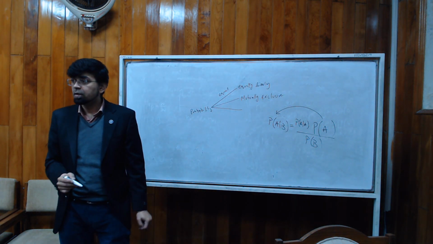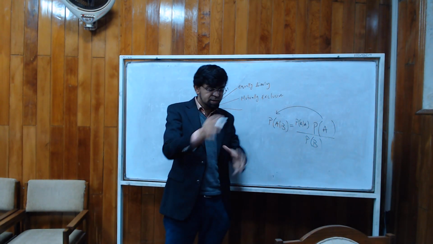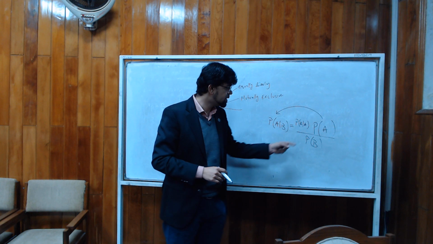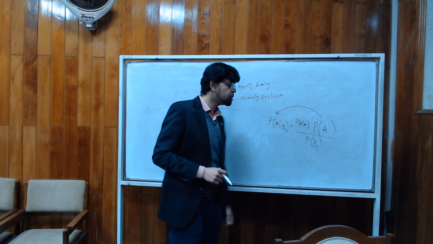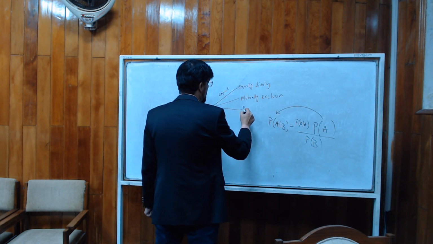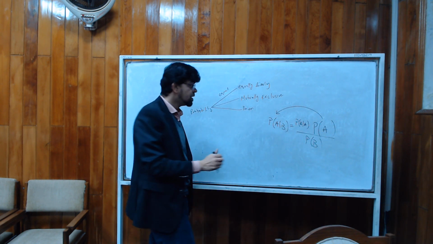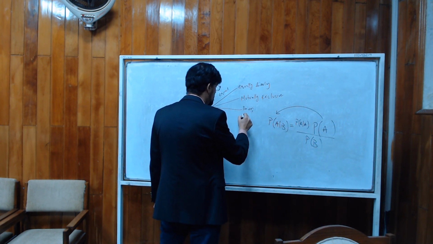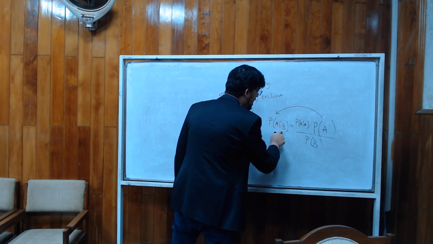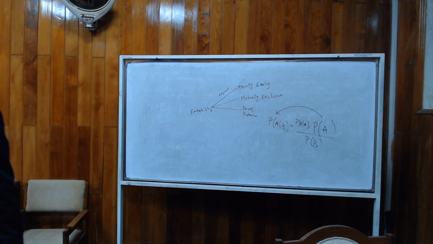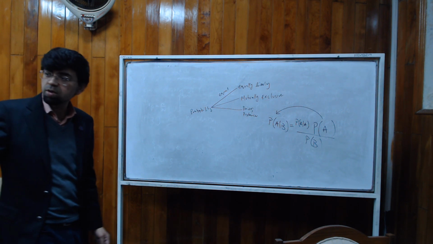We do the mathematical juggling and we get here, but in essence this is what's happening. You had some, what was this called? Prior probability. And what did we call the other one? Posterior. Prior, before the fact that B happened, or you got knowledge of that. Posterior, after the fact that B happened, or you got knowledge of that.